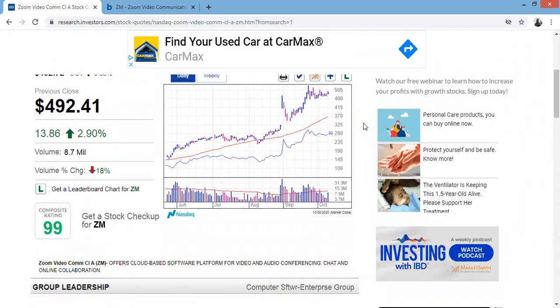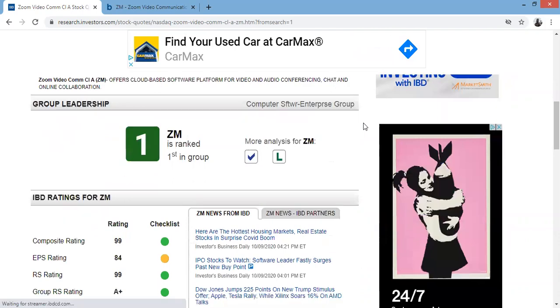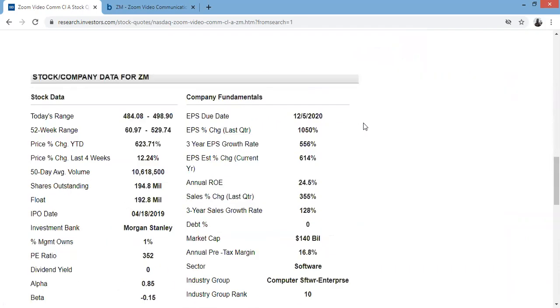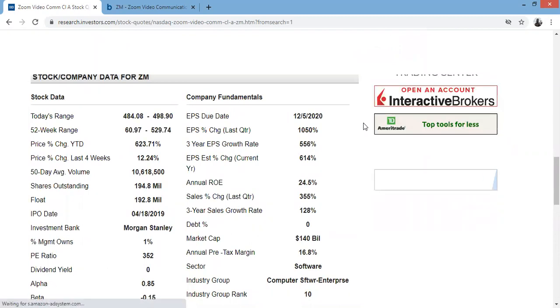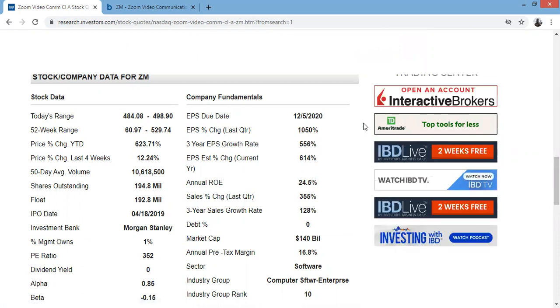Now, when I'm trying to look for earnings in a company, I get the best information from Investors Business Daily. You can get free information from barchart.com and from Yahoo Finance, but I'm used to using Investors Business Daily.